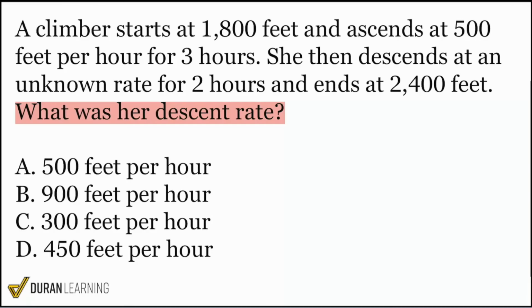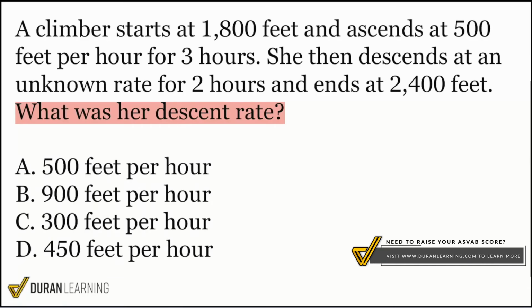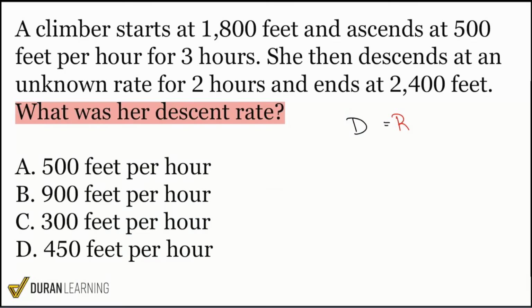If I'm trying to find the rate of descent, this is where I'm going to start to be consistent. Again, if I am looking for the rate of descent, I need to incorporate a formula that uses the distance that we descended at and the time for which we descended. One more time, everybody, it's really way too important to be consistent here. If the rate that you're looking for is for the descent, then everything needs to be about the descent.